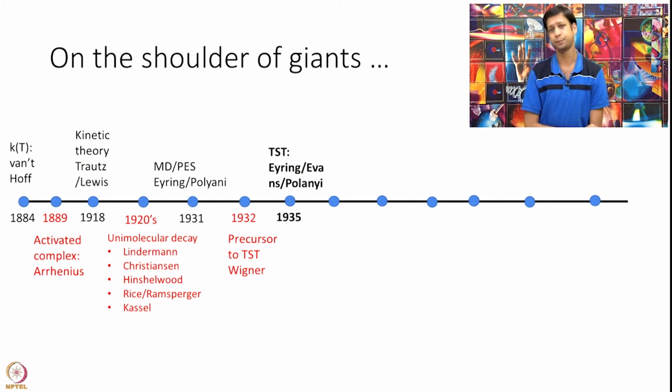That is the revolutionary paper that changed everything this year, 1935. It laid the foundation of transition state theory. We are going to cover this in great detail in this course, and the equations written in this paper are still used as they are.